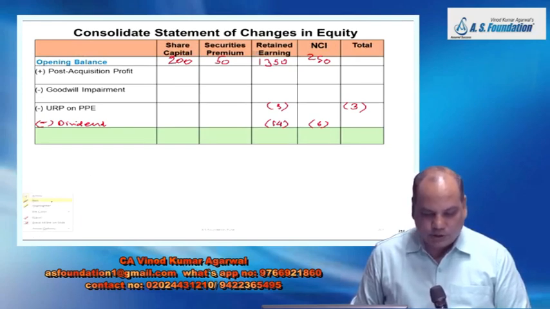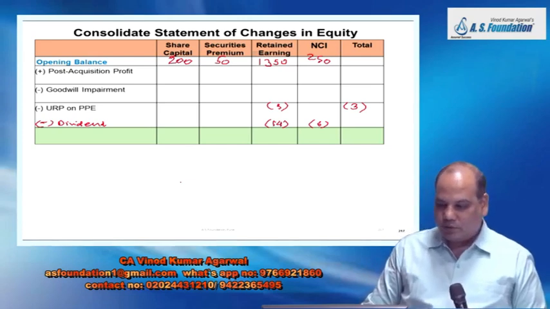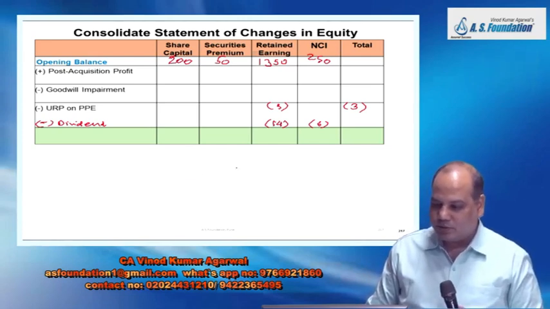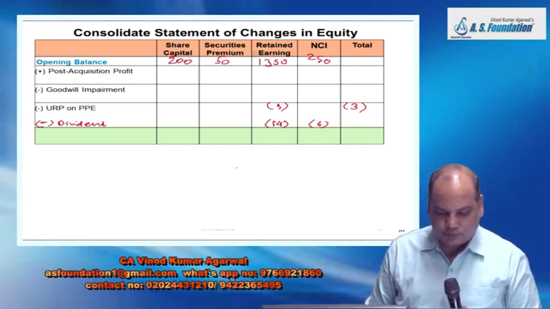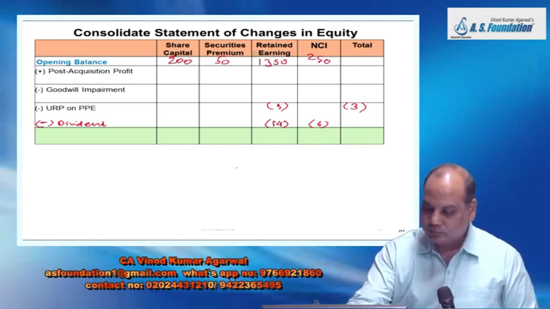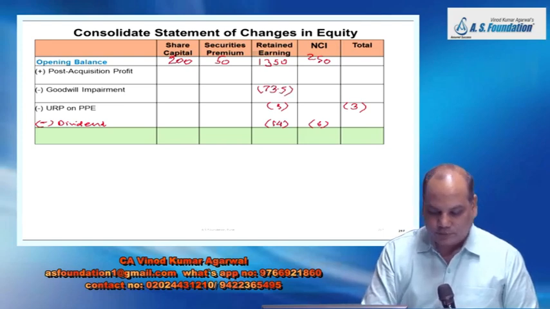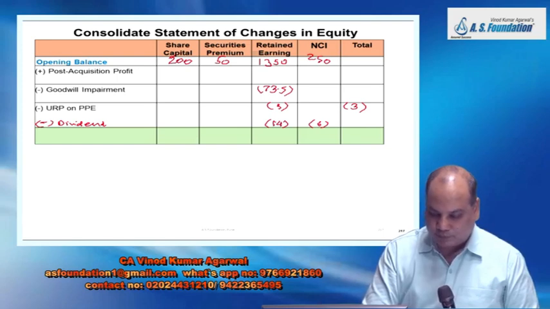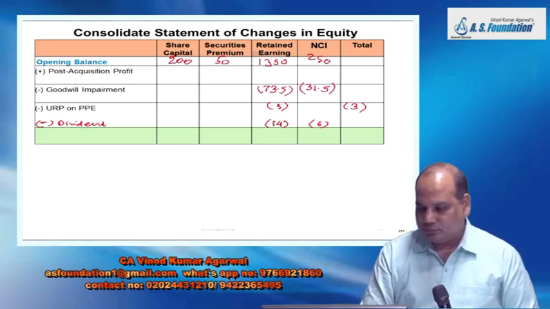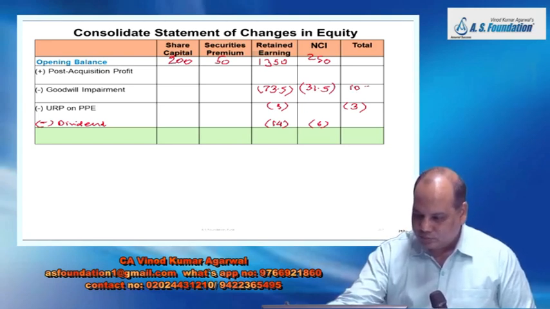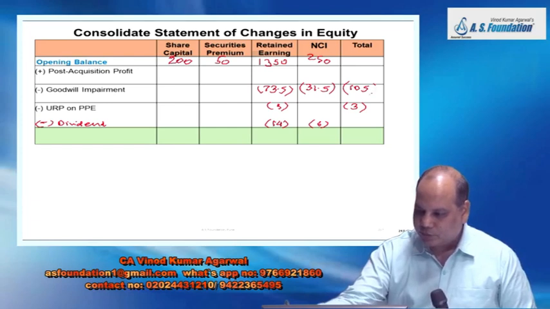Both parties will share 70% and 30%. 70% of 105, 73.5. 30% of 105, 31.5. So total 105 we have impaired.